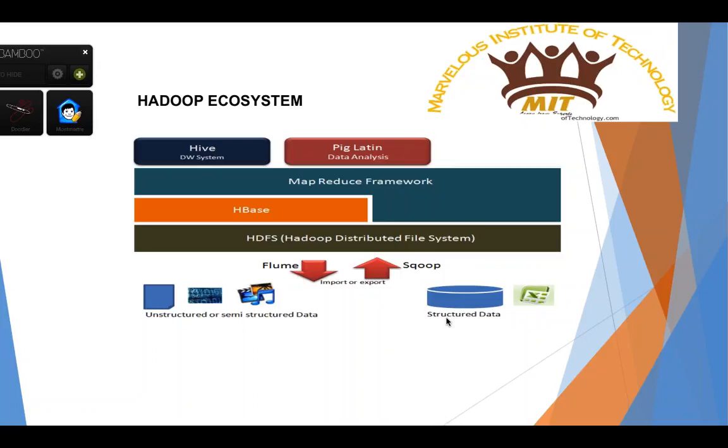And if you want to do some kind of data analysis, or clean up data, or you are more comfortable with a data flow language or scripting language, we have a tool called Pig, which came from Yahoo. Okay, clear guys? Clear about the Hadoop ecosystem? We'll be seeing different kinds of layers in the ecosystem.